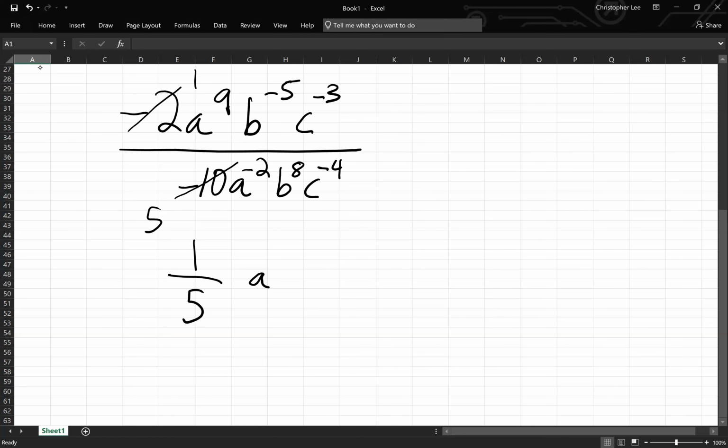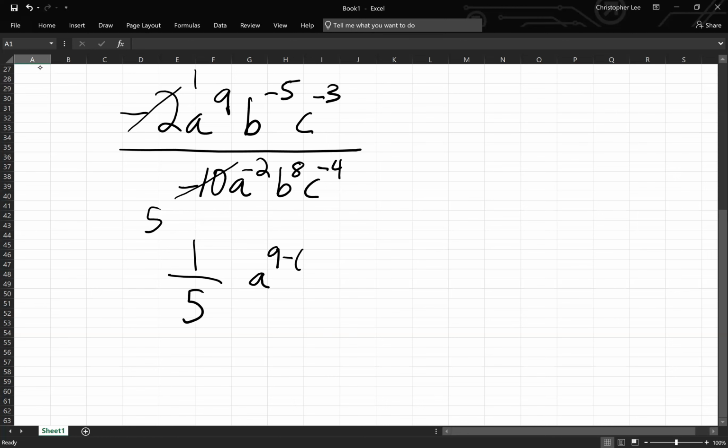All right. What about the next one, the A? What's that gonna be? 7? No. How do I divide powers? What do I do? No. Subtract, right? What do I subtract? The 9 minus the negative 2.